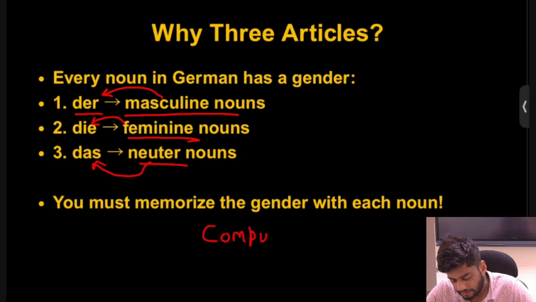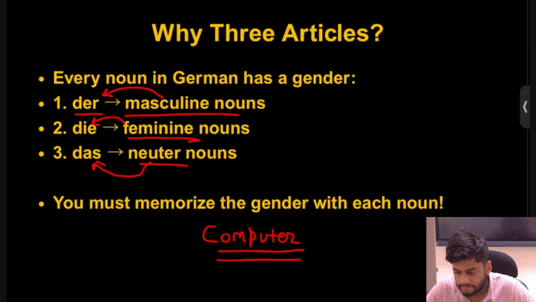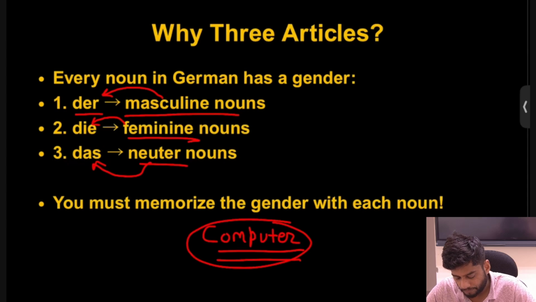Can anyone tell the article of computer? Das computer. Babita, that is wrong. Like, this is a non-living thing, you will not say the article should be das. No. So guys, you need to check in dictionary always, and the article is der.